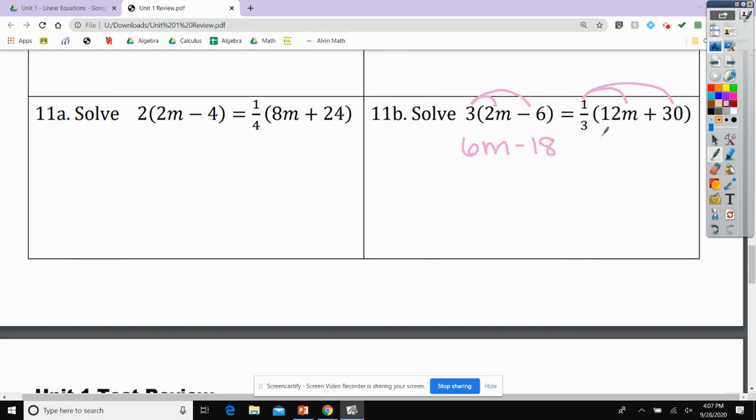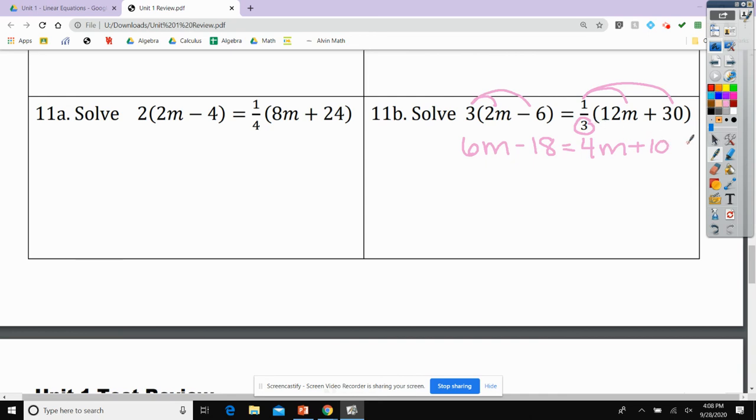Now when I'm distributing a fraction like this, it's the same thing as dividing by this bottom number. So I'm just going to be dividing by 3 instead of multiplying when I distribute. So 12m divided by 3 is 4m. 30 divided by 3 is 10. So just look at that bottom number. That tells you what to divide by.